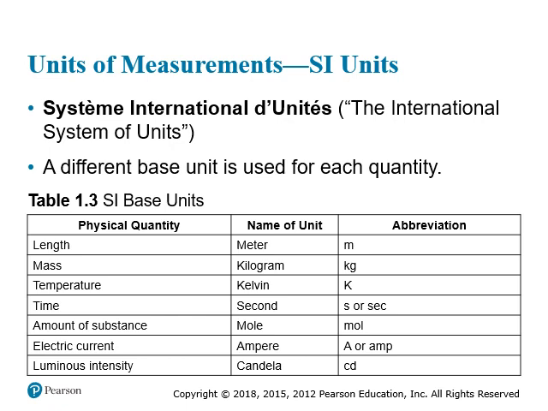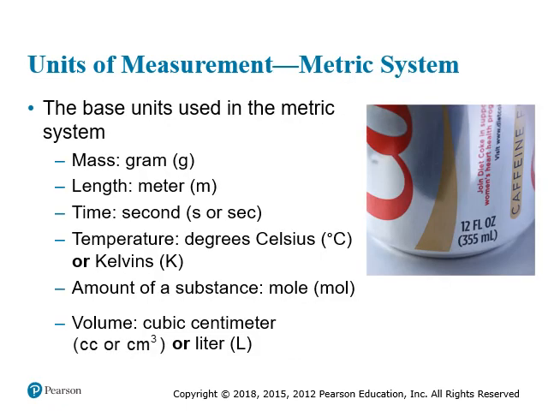Now, these units and the measurements themselves have their roots in the metric system. The metric system was established in the late 1700s in an attempt to establish a standardized system of measurements so that everybody would be making measurements in the same set of units. Everybody needs to be on the same page.